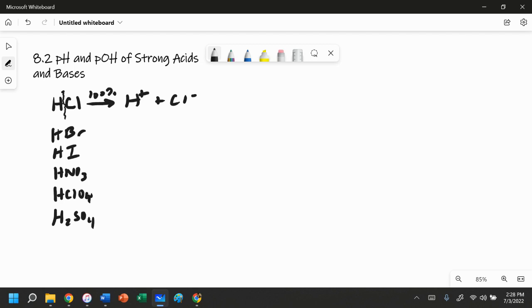What about the strong bases? What makes a strong base a strong base? Well, one strong base you're probably quite familiar with is sodium hydroxide. Sodium hydroxide will 100% dissociate into its ions when placed in water, so the sodium ions break apart from the hydroxide ions. You know this already because sodium's an alkali metal, and anything bonded to an alkali metal when placed in water is completely soluble.